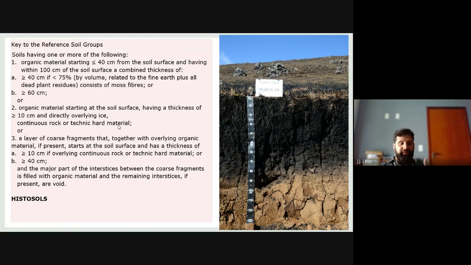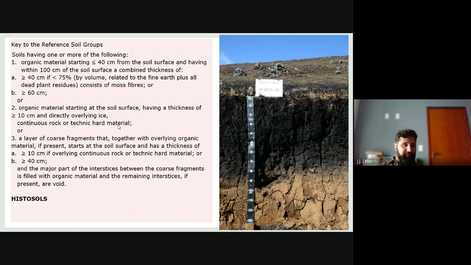Or if I can find an organic horizon at the surface, and this organic horizon has at least 40 centimeters, in this case I also have a histosol.